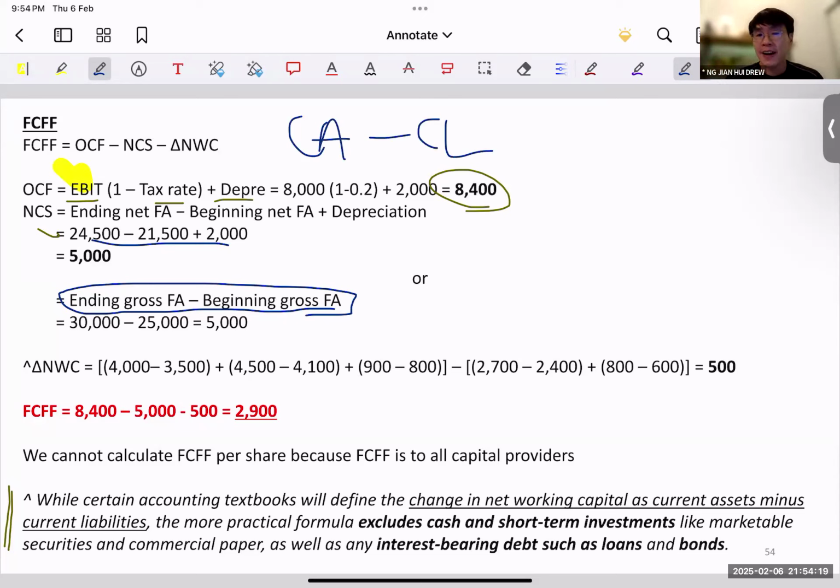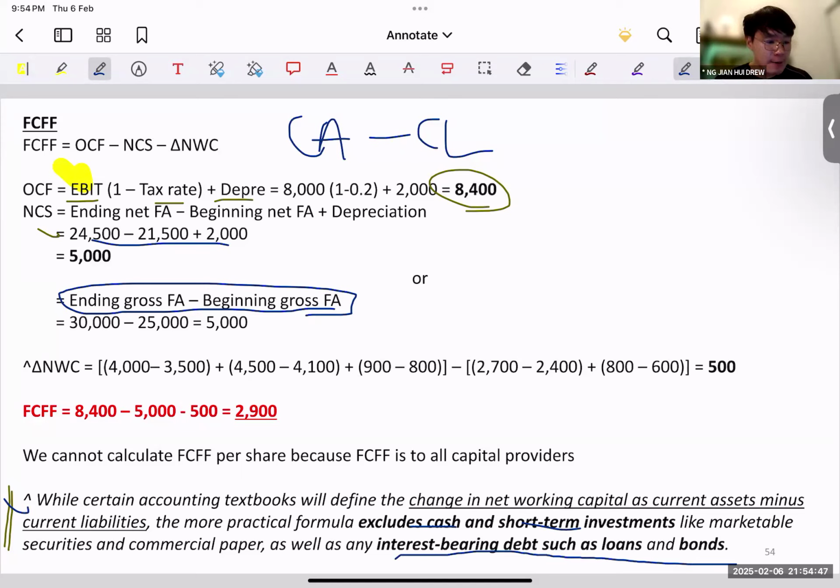I mentioned that in finance, we like to use different methods here and there. So that's the comment here that I've made. So in accounting textbook, change in net working capital is CA minus CL. This is true. But in finance, it's more practical, right? So sometimes we exclude cash and short-term investments in our CA. And on our CL, we exclude interest-bearing loans and bonds.